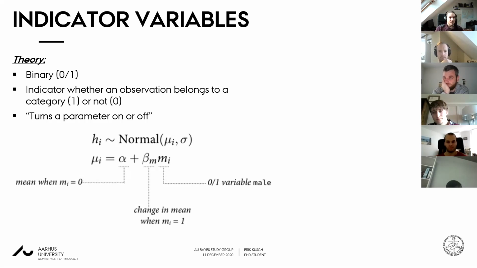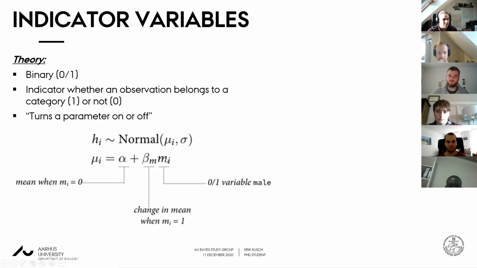What this does, in fact, when we go into the actual maths behind this, is that it turns a parameter on and off. So as you can see here in this example of this linear equation, when beta_m, so that is someone male or not, is set to 0, so we would have a woman, then we would obtain only alpha.